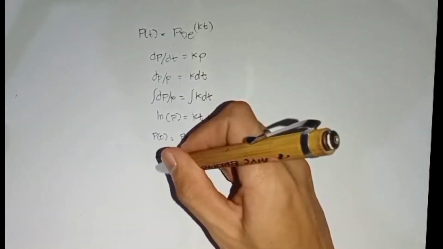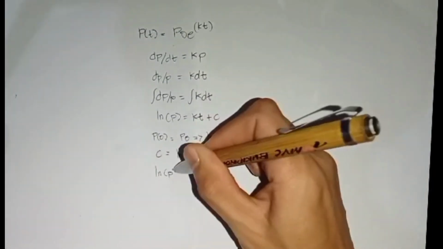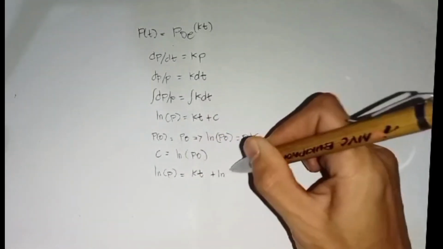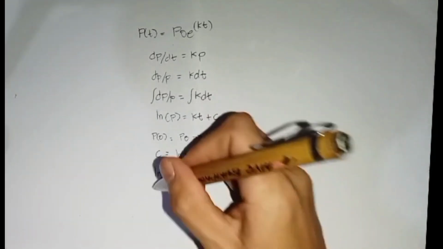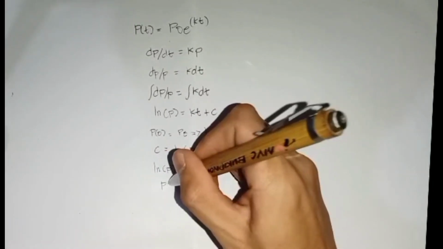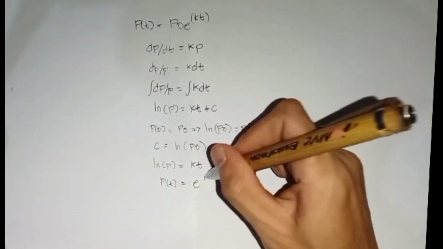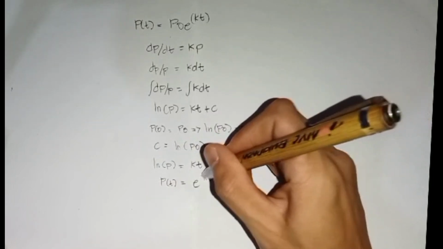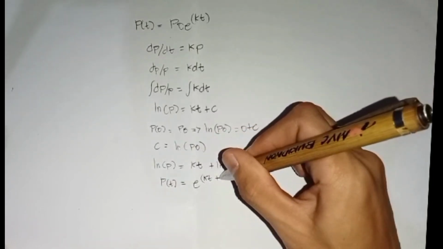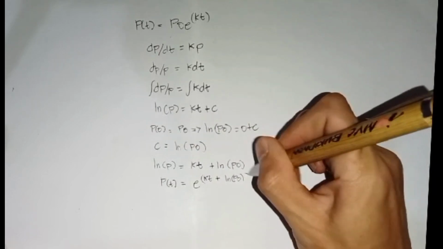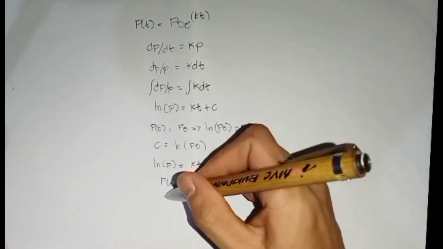Now, we're going to substitute C. So, ln of P is equal to kt plus ln of P0. Now, we can exponentiate both sides. So, we get P of t is equal to e raised to the power of kt plus ln of P0. Simplify using exponent properties.